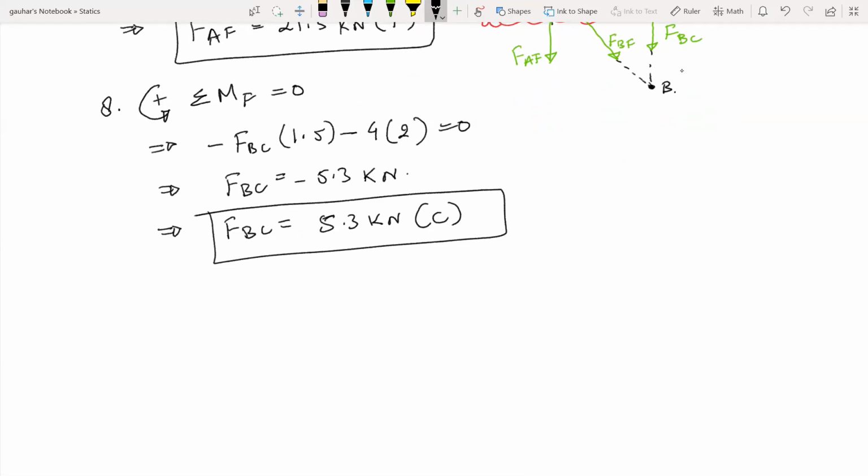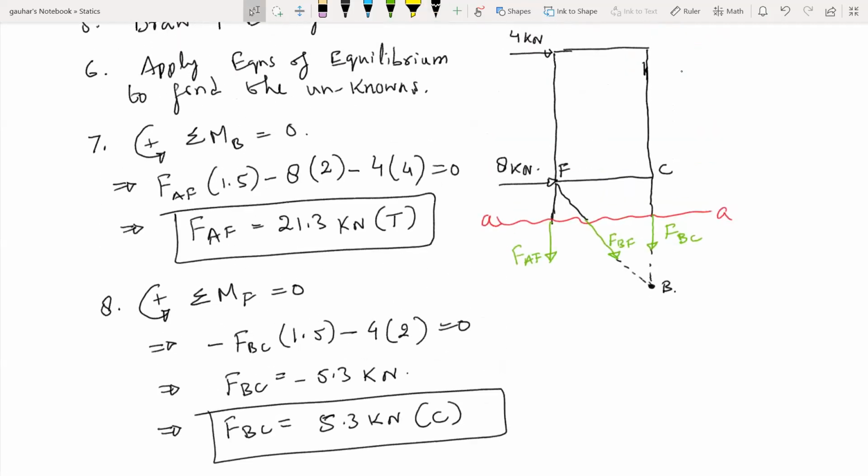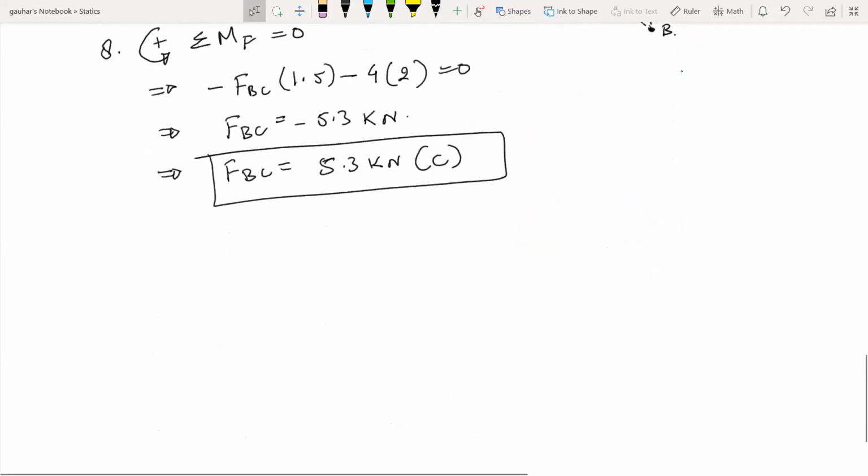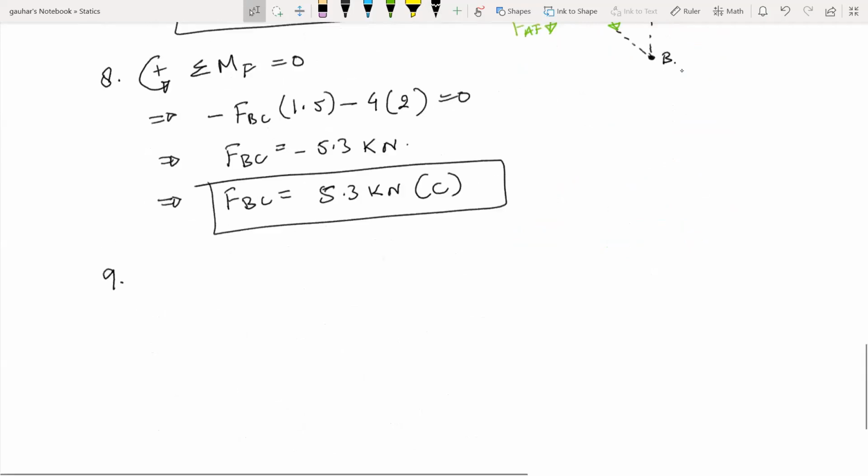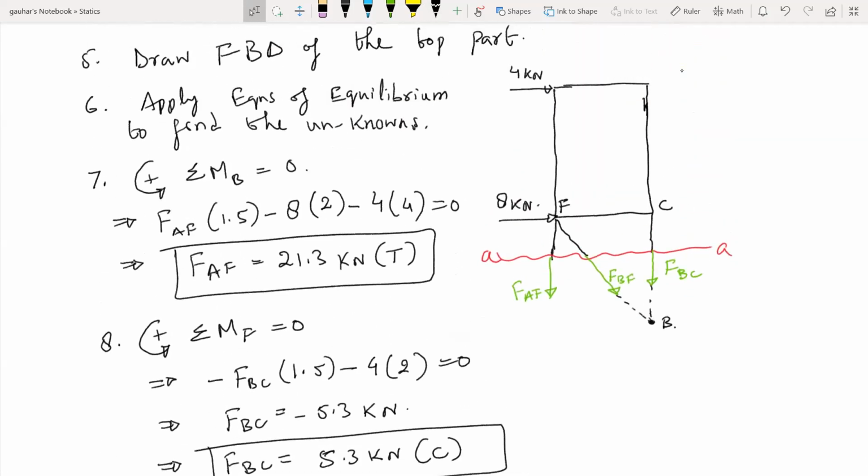Okay, so we got FBC. Now we are done with two unknowns. The only thing left is FBF, right? So step number 9. Now, if you look at the free body diagram, we have FBC, we have FAF. The only thing we require is FBF, right?